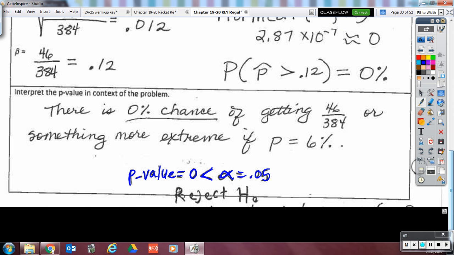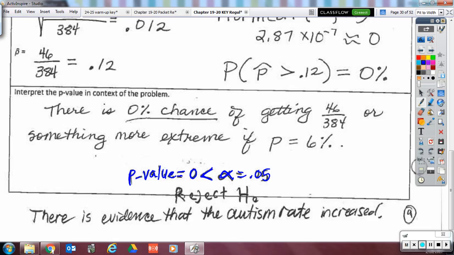Okay, so here we go then. We can finish this out and we can say there is evidence that the autism rate increased. Or you could say the autism rate is greater than 0.06. And that's finished. Conclusion. That makes a complete problem.